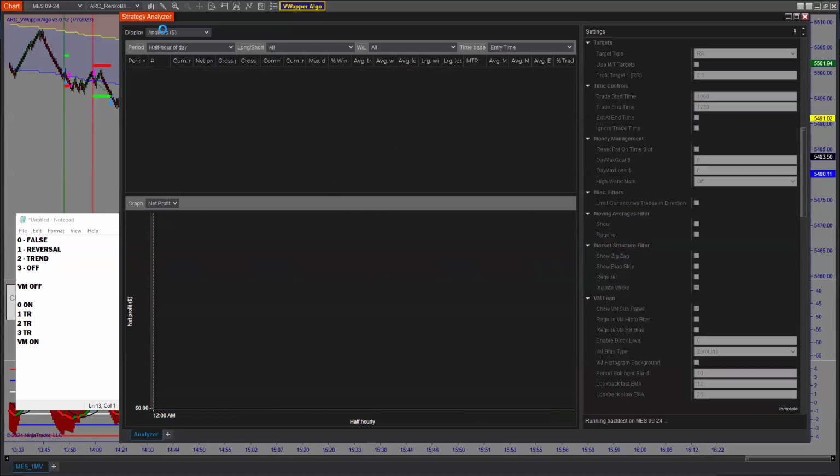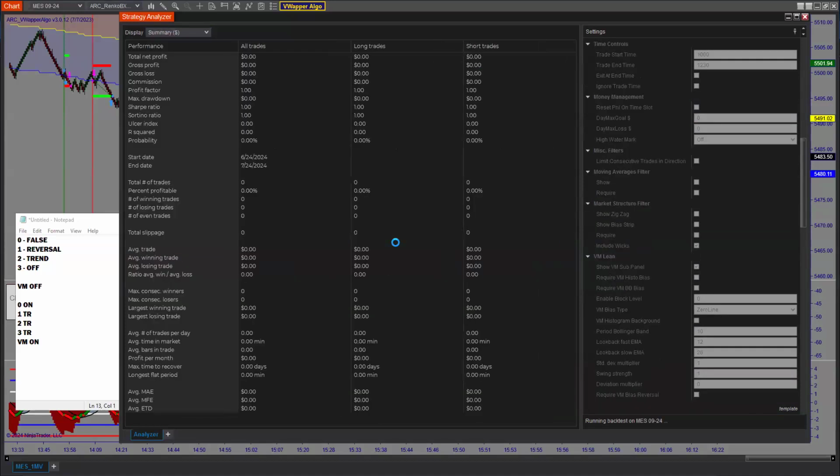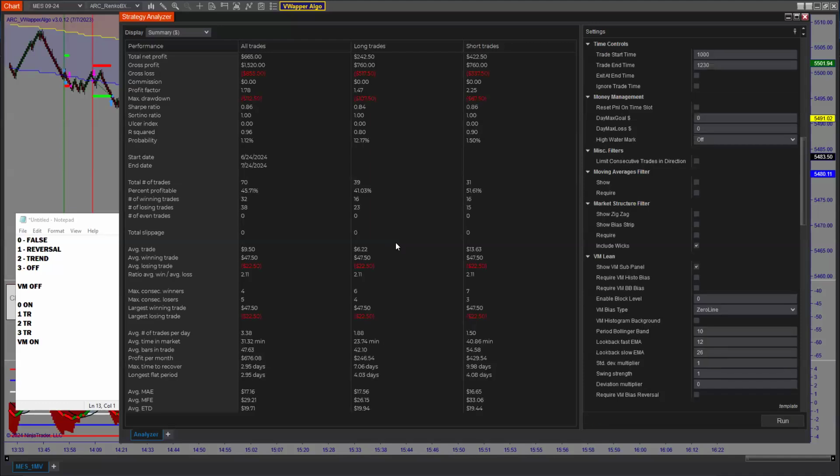Run it there. Okay. So 1.8 profit, 112 to 665. That's good numbers. 2 to 1.